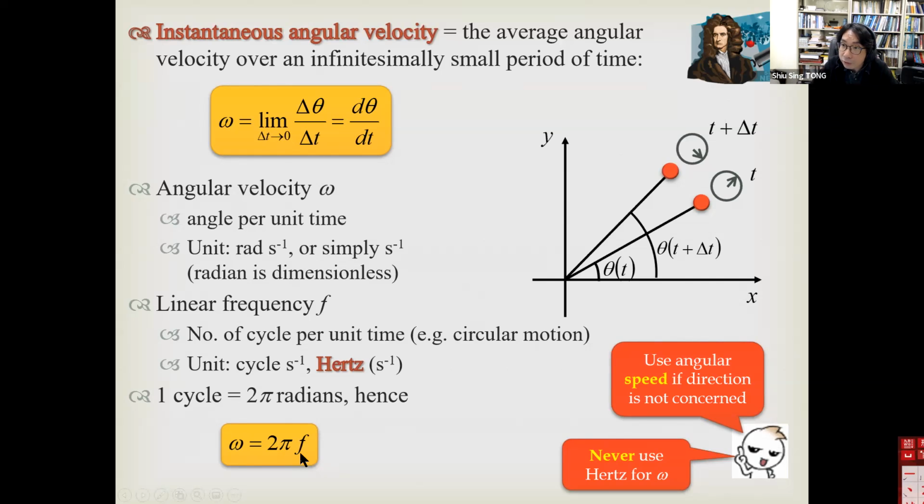So you multiply that 3 with 2 pi, because one circle is 2 pi radians. You get 2 pi multiplied by 3 radians per second, and that is the angular frequency or the angular velocity. So the angular frequency and the linear frequency are just related by a factor of 2 pi, which is the angle in a circle.